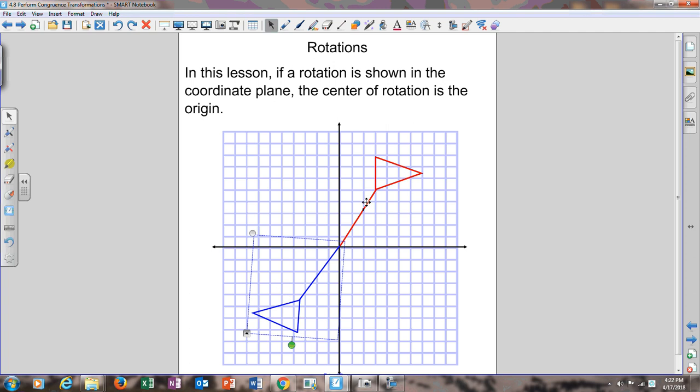Now, if it asks you to rotate 180 degrees clockwise, that's the same as doing counterclockwise. So it shouldn't ask you to do one way or another for 180 degrees. For 90s, it definitely will, though. All right, if you're a little confused, rotations are the hardest one. So it just takes some practice. You just have to get used to them.